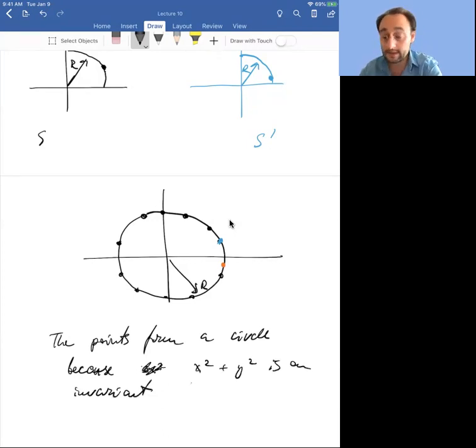Set of all points that are equidistant from the origin is called a circle. Set of all points for which x squared plus y squared is a constant is called a circle. Okay. Now back to space-time.